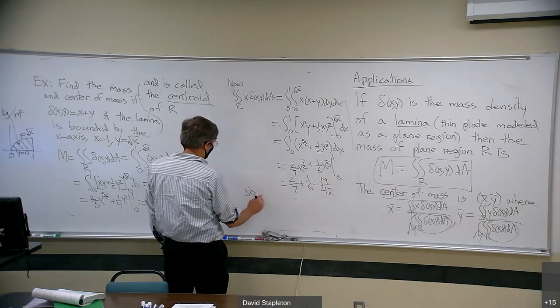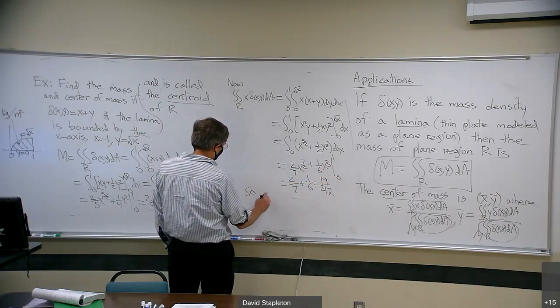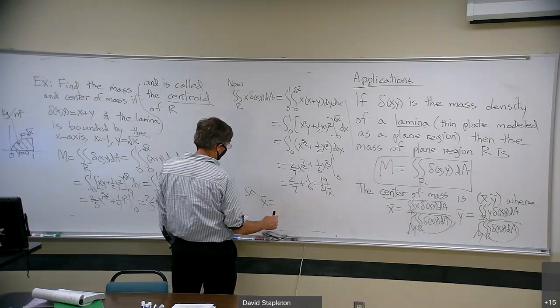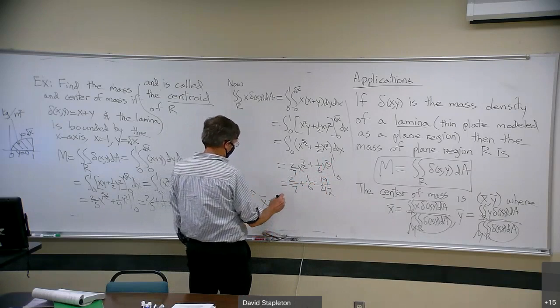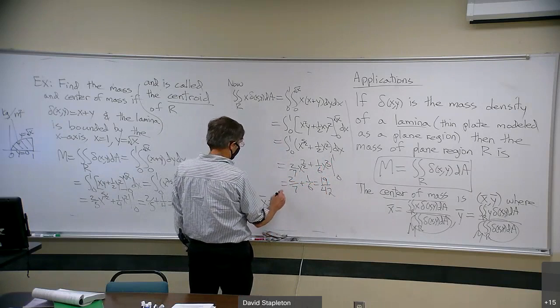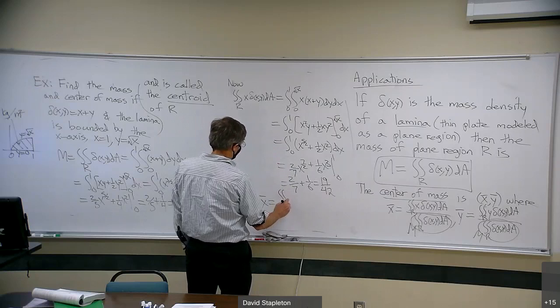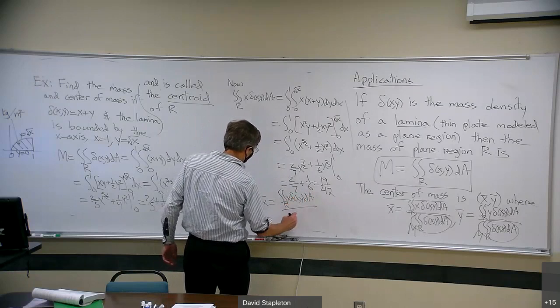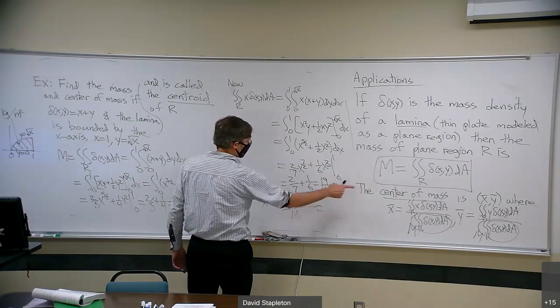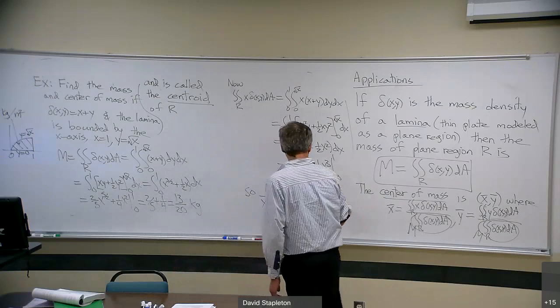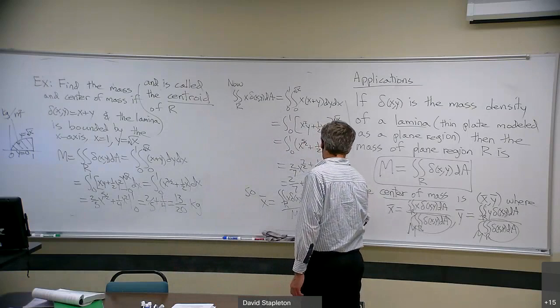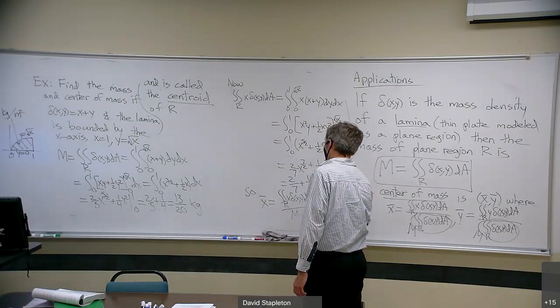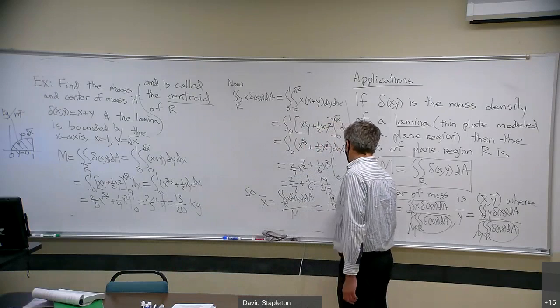So x bar, the x coordinate of the center of mass, is just this integral, the double integral of x times the density over the region, divided by the mass. That was the formula. It is 19/42, what we got for the top integral, divided by 13/20, the bottom integral.